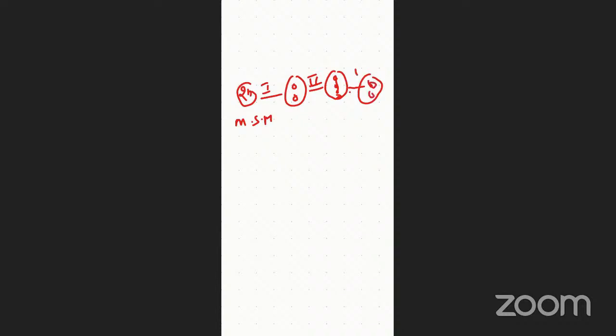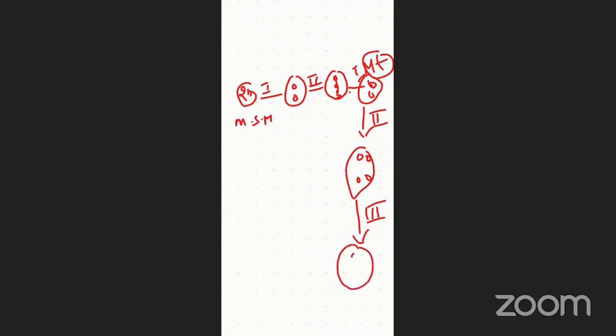First mitotic, remember it. Second mitotic, 4 nuclei formed. And third mitotic, 1, 2, 3, 4, here 4 and 4 formed.